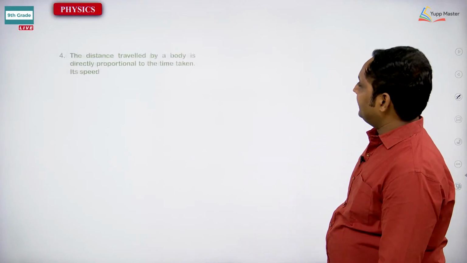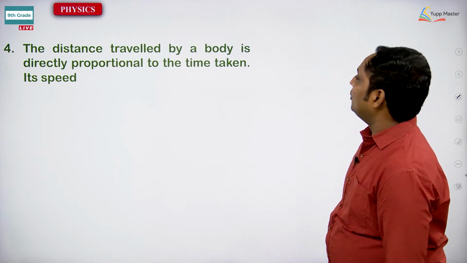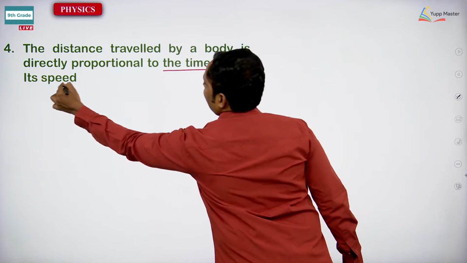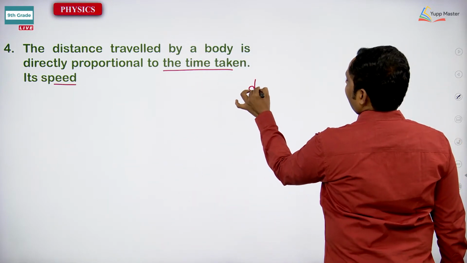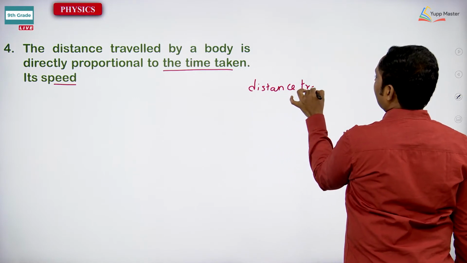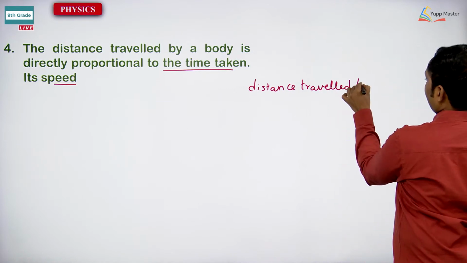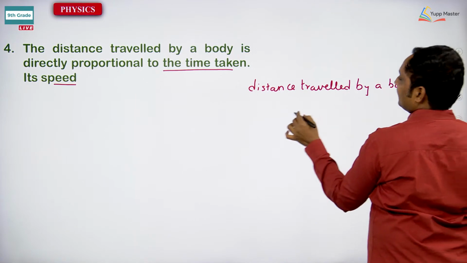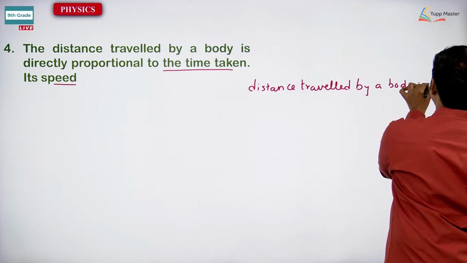Right, you can take another problem. If the distance travelled by the body is directly proportional to the time taken, then its speed is, very clear. First of all, the distance travelled by a body is d.